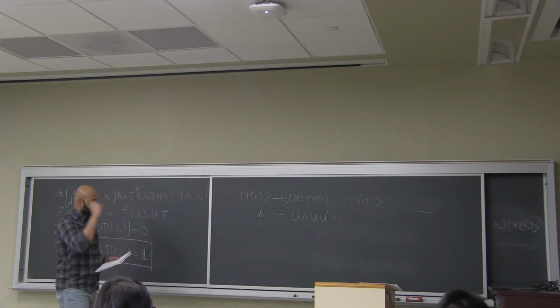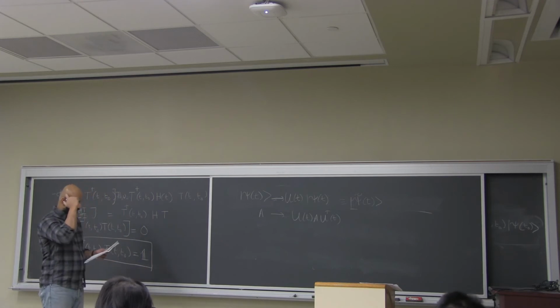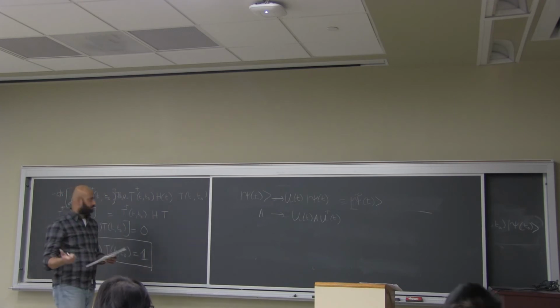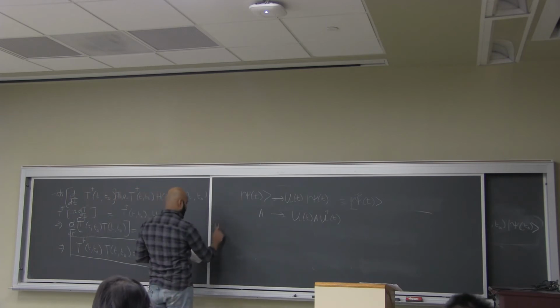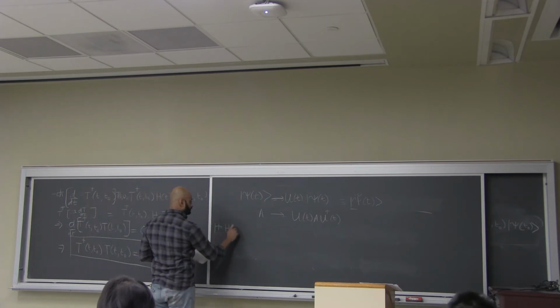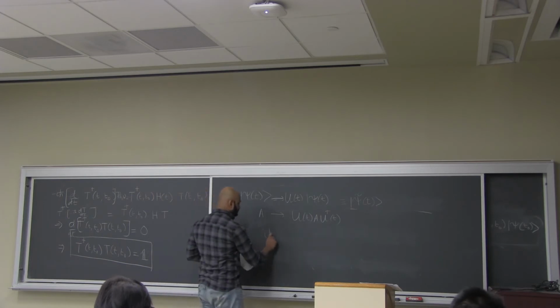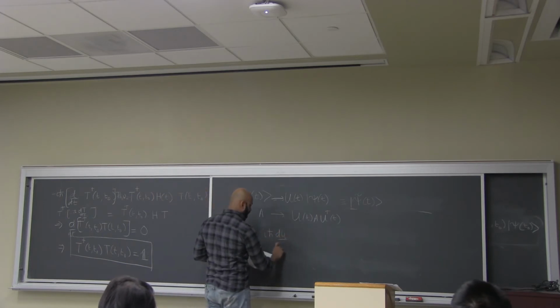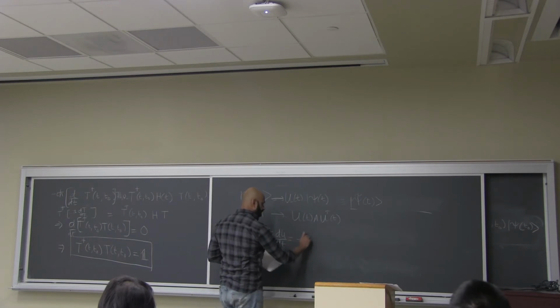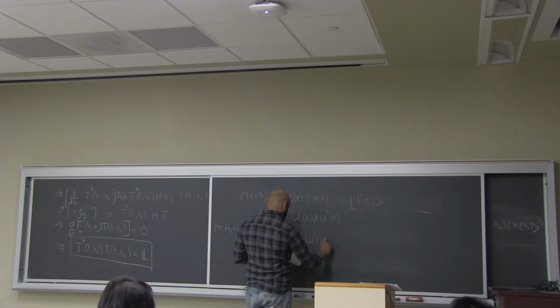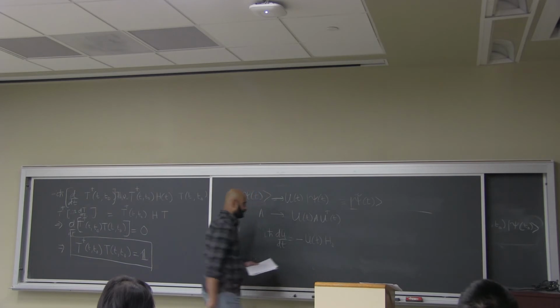And if we choose this transformation such that the state vector evolves according to the interaction term, remember that we had H equals H naught plus V, then we can choose this unitary operator U to have the form minus i over h bar, t, H naught. Okay?